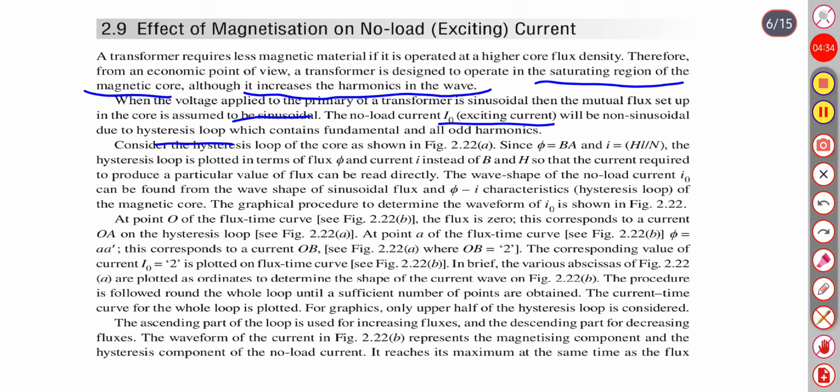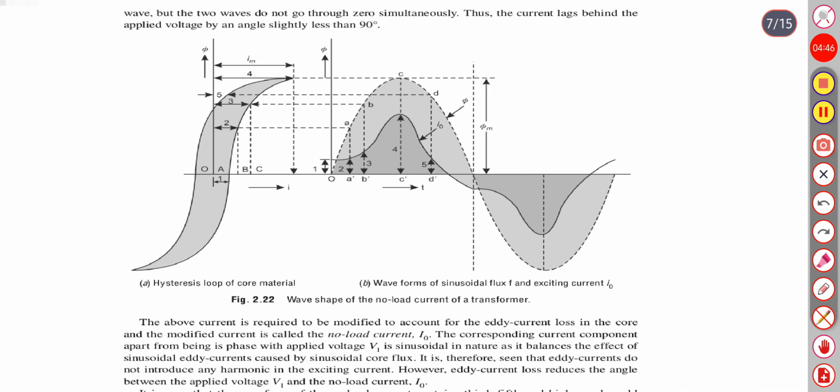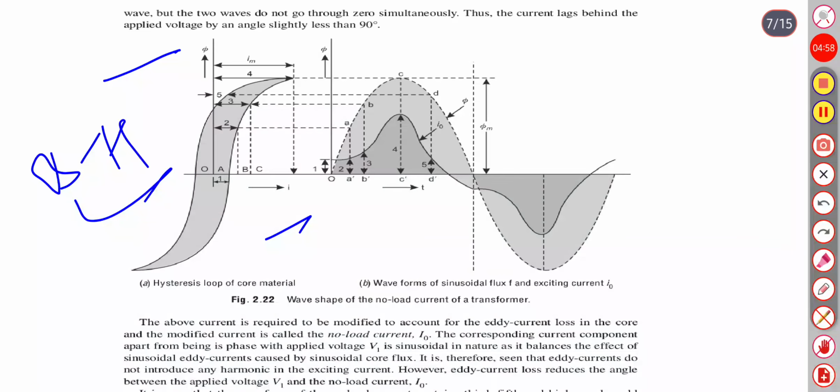So the behavior of magnetization, or the effect of magnetization on no load exciting current, is also shown in this graph plotted against phi and I. As we have seen in the BH curve graph, the BH curve was plotted against magnetic flux density and intensity.